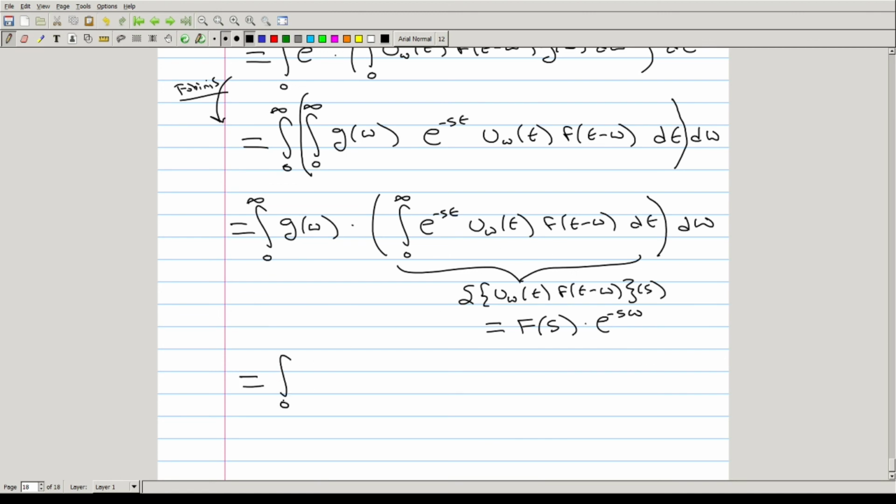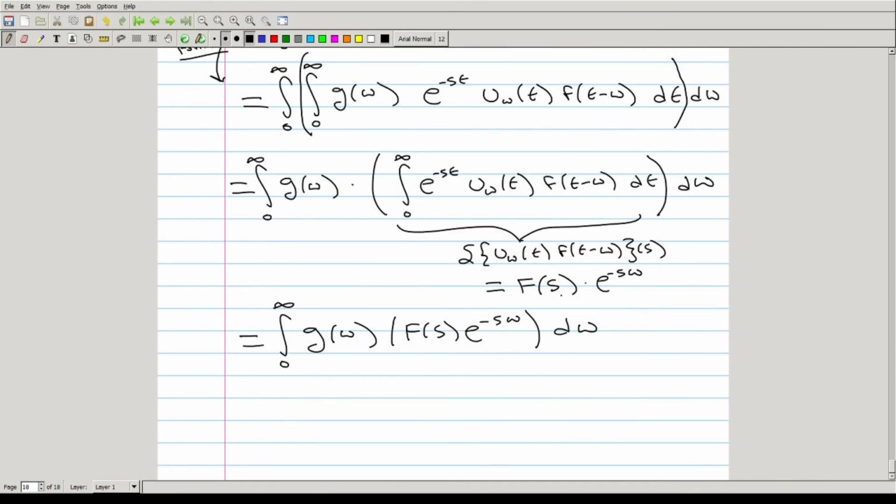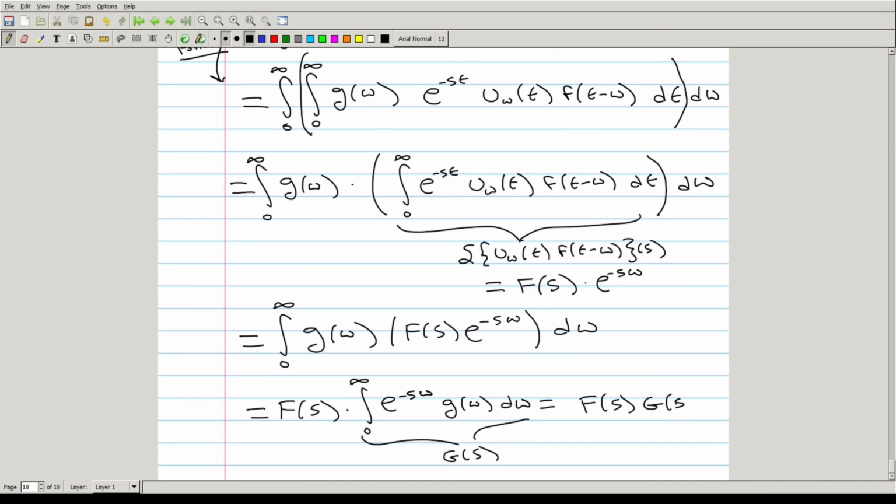This is the same thing as the integral from 0 to infinity of g of w times the Laplace transform of f, that is F of s, times e to the negative s w, dw, which is equal to F of s times the integral from 0 to infinity of e to the negative sw, times g of w, dw, which is just the Laplace transform of g. And this is proven.